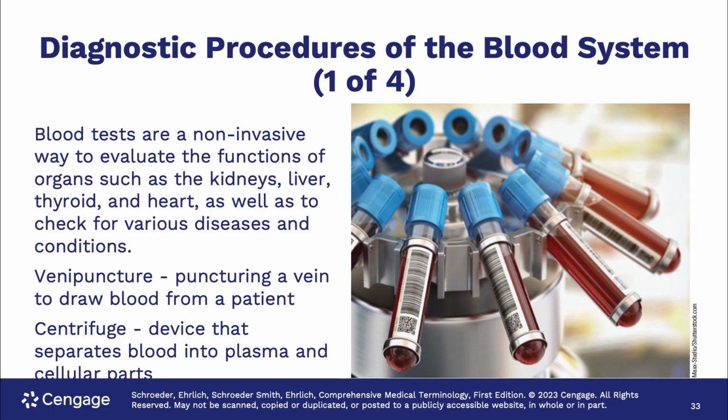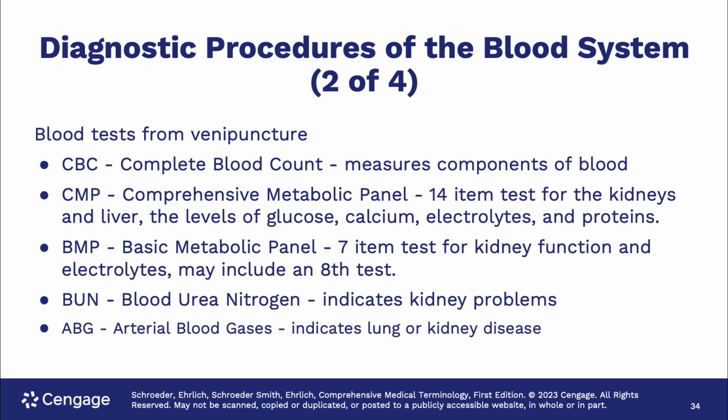So some diagnostic procedures of the blood system. So blood tests are ways that you can find out if people have certain diseases, certain levels of molecules in their body. And this is often done through puncturing a vein and drawing out the blood, and then they centrifuge it down, separate the plasma and the cellular parts, and then test for things like sugar concentrations or red blood cell counts or white blood cell counts.